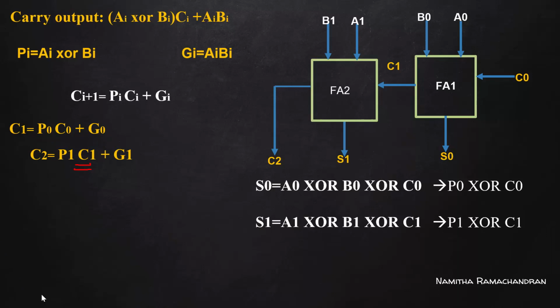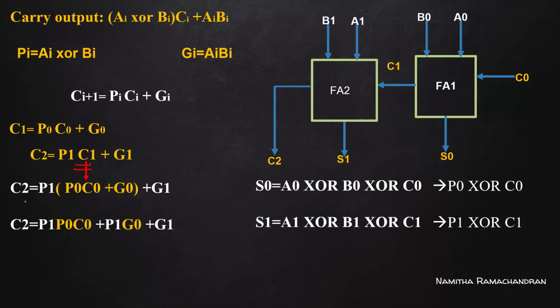So C2 becomes P1 times C1, where C1 is replaced with P0 C0 plus G0. Then distribute it. So finally C2 becomes P1 P0 C0 plus P1 G0 plus G1.